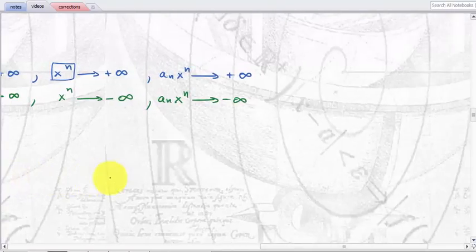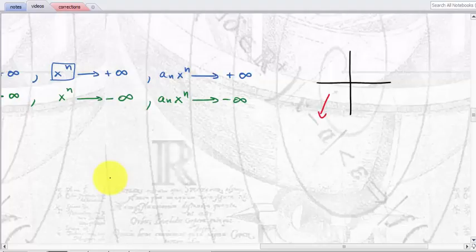So the type of end behavior that we have here is this one. It's going down as x approaches negative infinity, y goes down, and as x approaches positive infinity, y goes up. I don't know what happens in the middle. It doesn't matter. But this is a type of behavior.